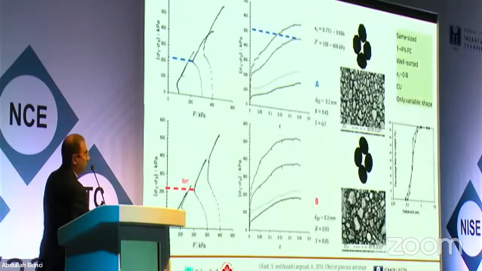Beginning with very simple sets of Seaview triaxial tests, we've got sand A and B, same size, pretty much the same particle size distribution, pretty much the same sorting, different shape, sand B rounder than sand A. Both sands were consolidated to a very high void ratio of 0.8, with 1 to 4% fines content, and the only variable here is shape.